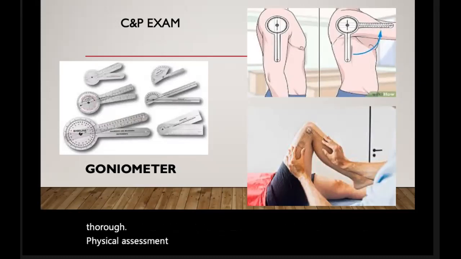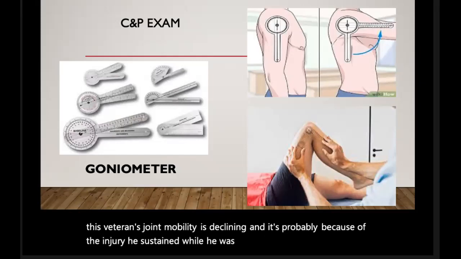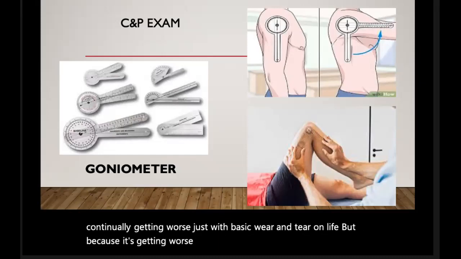Based on these measurements, we can give a good, thorough physical assessment for the DBQ information to say to the VA, hey, this veteran's joint mobility is declining, and it's probably because of the injury he sustained while he was in service, and now it's continually getting worse with basic wear and tear on life. Because it's getting worse, his functional ability to work is declining.